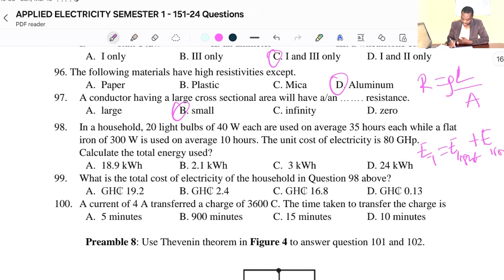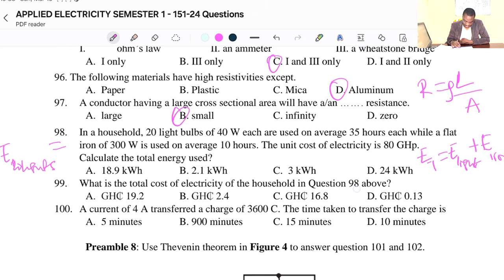So how do I find this? We first get the energy used by the light bulbs. We have 20 light bulbs, so you multiply 20 by the energy of only one light bulb. Energy is power times time. So the power here is 40 times the time, which is 5 hours.